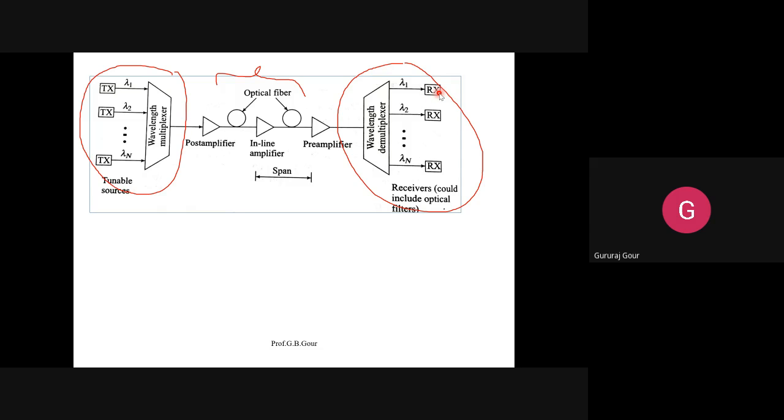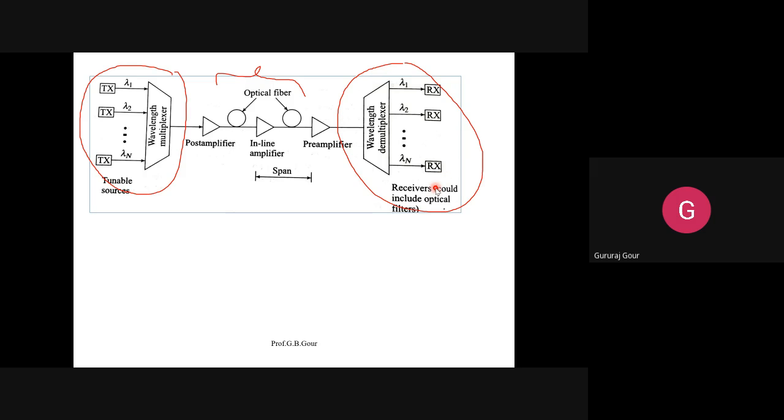Because receiver one should receive only lambda 1, not lambda 2. So it should be tuned properly with this sharp cutoff wavelength, lambda 1. Similarly, receiver 2 should be tuned properly to the sharp cutoff wavelength lambda 2, and so on up to lambda n. So lambda n minus 1 will not be received by the last receiver.